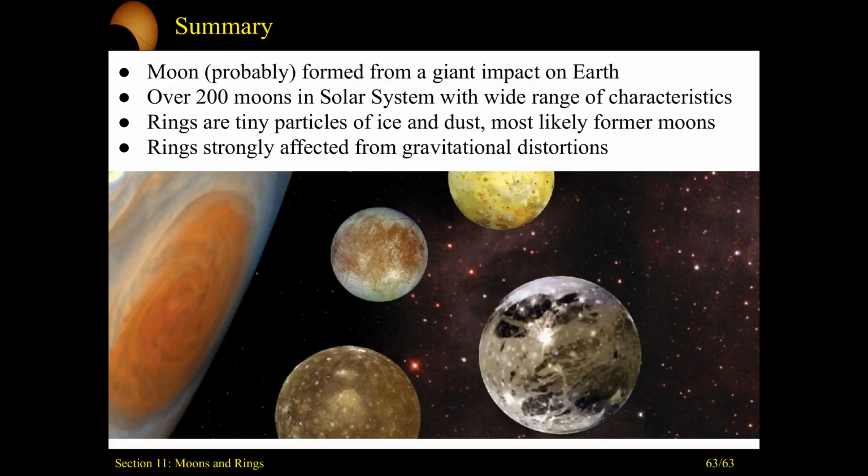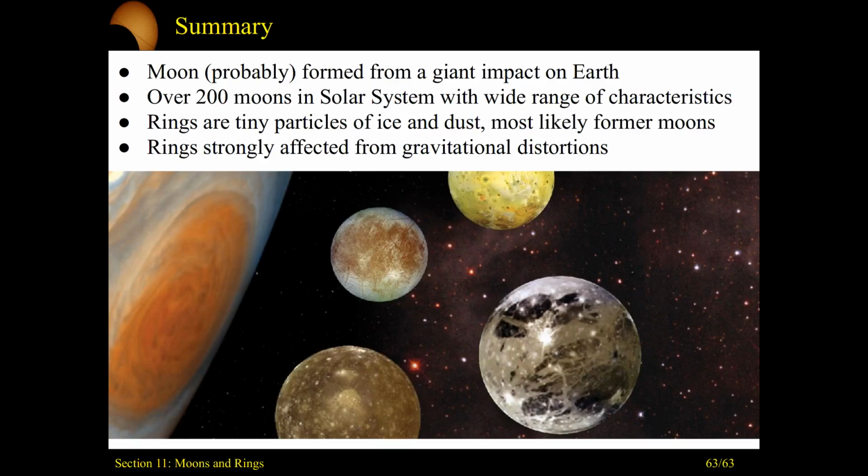So wrapping things up, pulling it all together, our moon probably formed by a giant impact on Earth. A Mars-sized object hit a proto-Earth, and that material eventually coalesced into our now present Earth and our moon. And looking across the solar system, we have found over 200 moons with a wide range of characteristics. Some are big enough to be effectively planets with their own atmospheres.